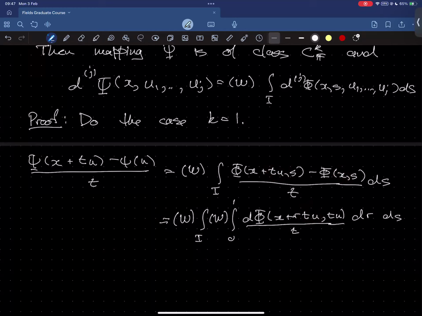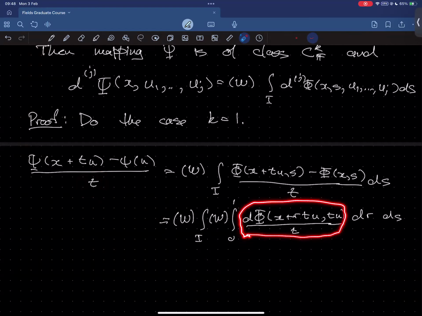This is a thing that we've repeated a few times, and so I'm quizzing you to see if you were paying attention. The whole point of what you do with these mean value theorem computations is you take this expression, which has a t in the denominator, and you rewrite it as something that's well defined at t equals 0. So how can I make this well defined?